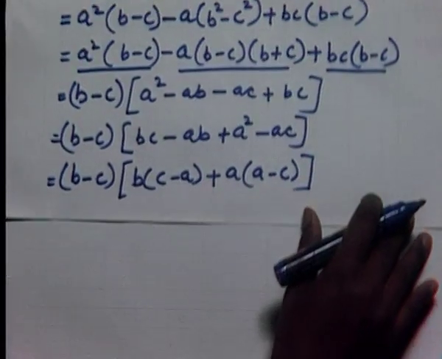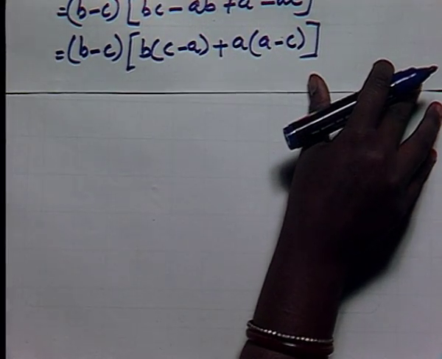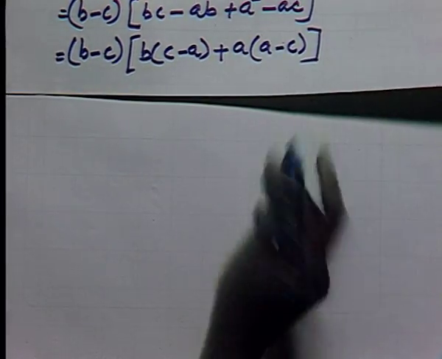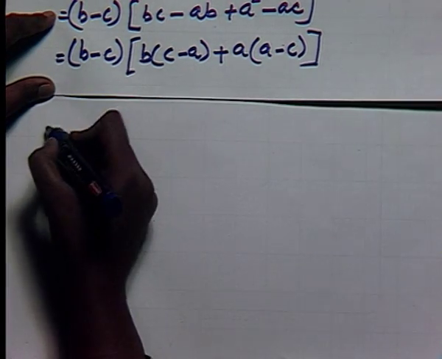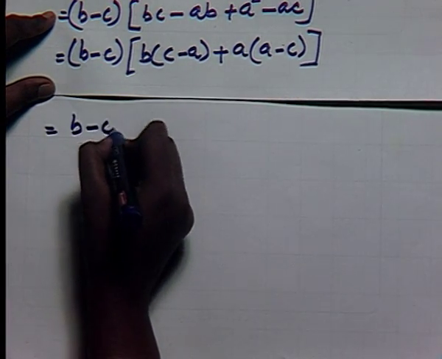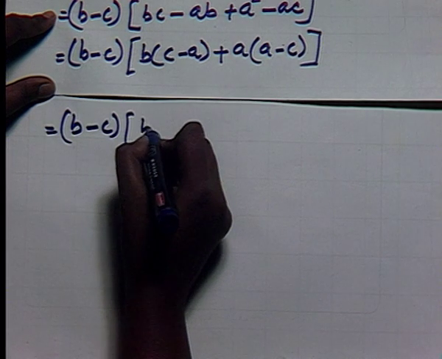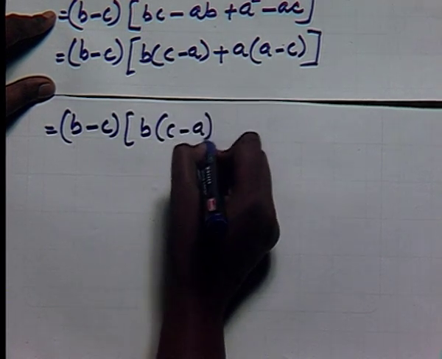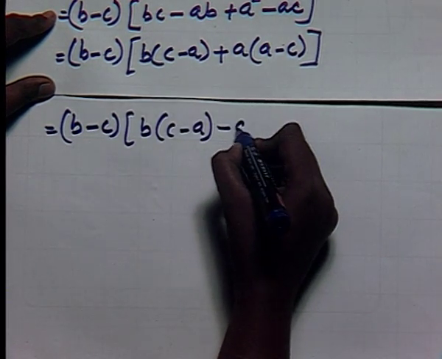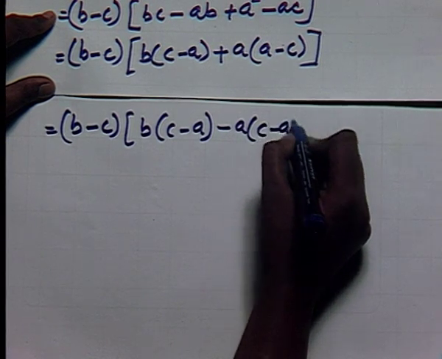So, now our expression becomes B minus C into B times C minus A minus A times again C minus A.